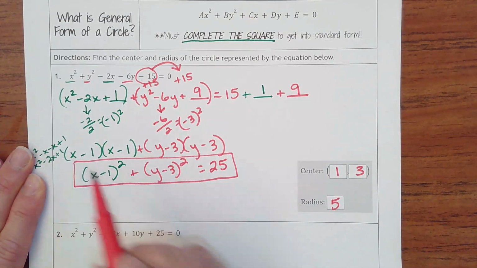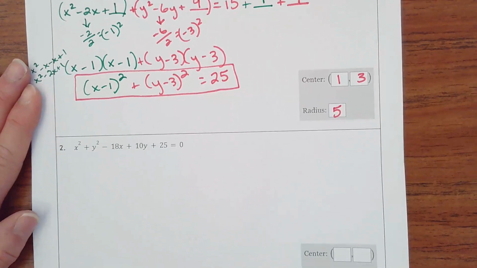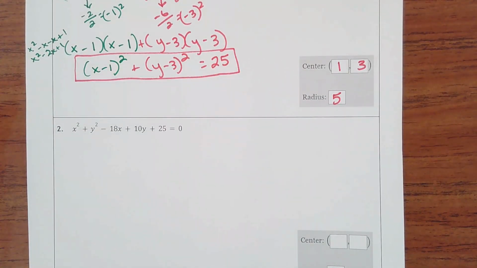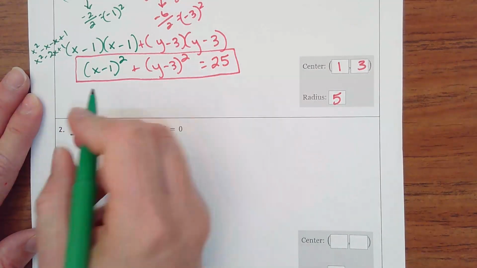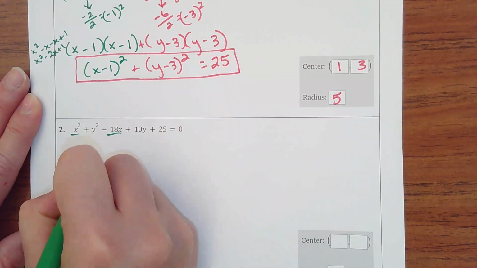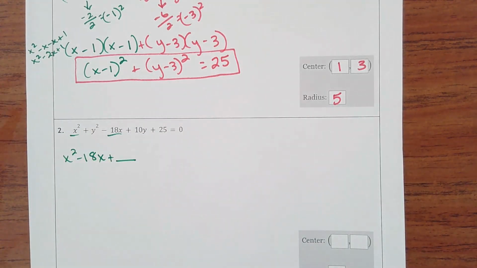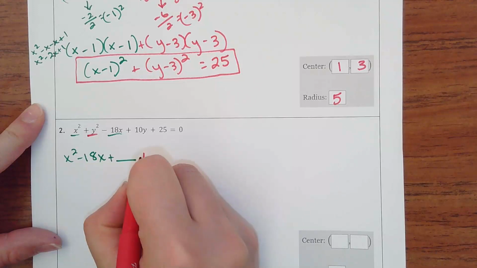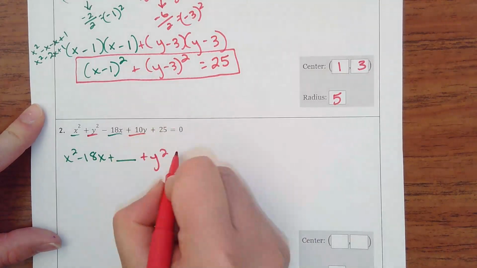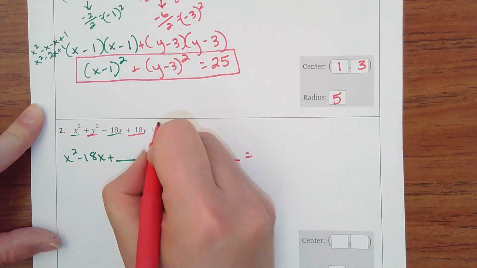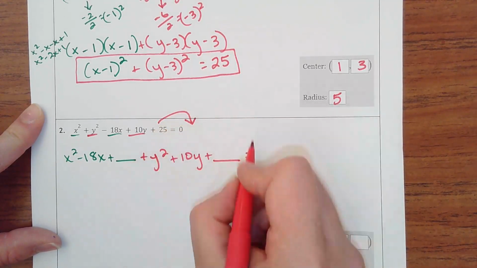All right, let's try number 2, see if we can go a little faster. Step 1, get your x squared and your x term in order. So it'll go x squared minus 18x. Put plus blank because we'll have to figure out a number that goes in there. Then do the same thing with your y's. So plus y squared plus 10y plus blank equals, move your 25 over, so now you're subtracting it, it's negative.